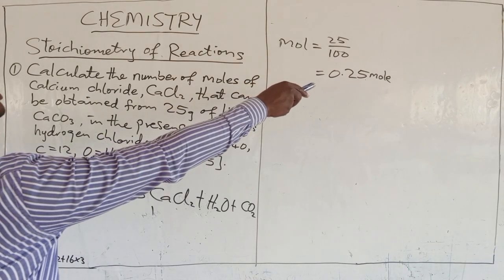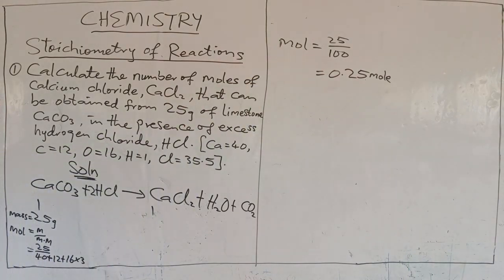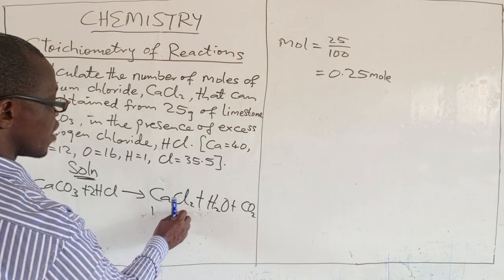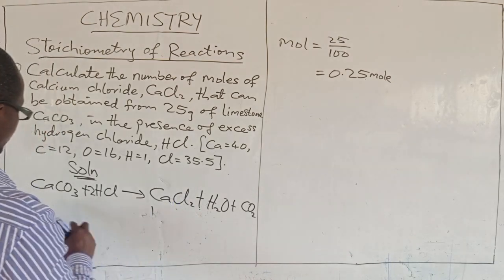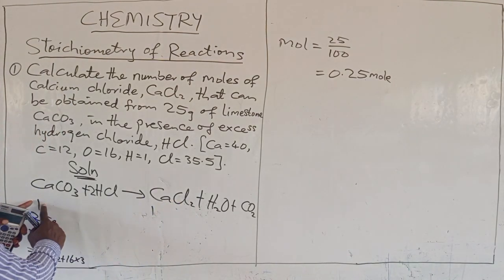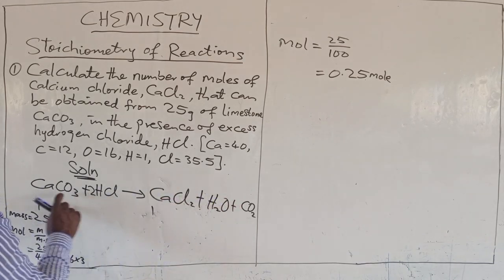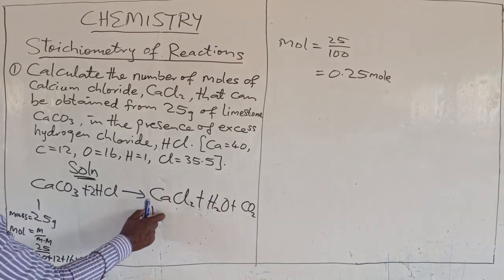Now that we calculated 0.25 mole of this, it will also be able to produce 0.25 mole of that. So that's the function of this mole ratio using the equation. Standard balanced equation tells you 1 to 1.